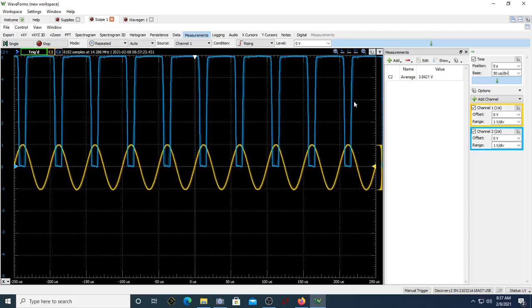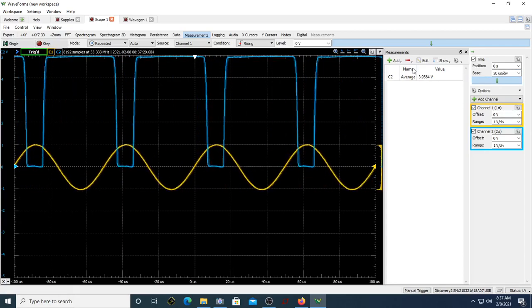If you want still fewer cycles, you can reduce this, make it 20. Now you can see you have fewer. This is 20 microsecond per division: from here to here it is 20 microsecond, 40, 60, 80. Likewise, we have 10 such divisions, 1, 2, 3, 4, 5, 6, 7, 8, 9, 10.